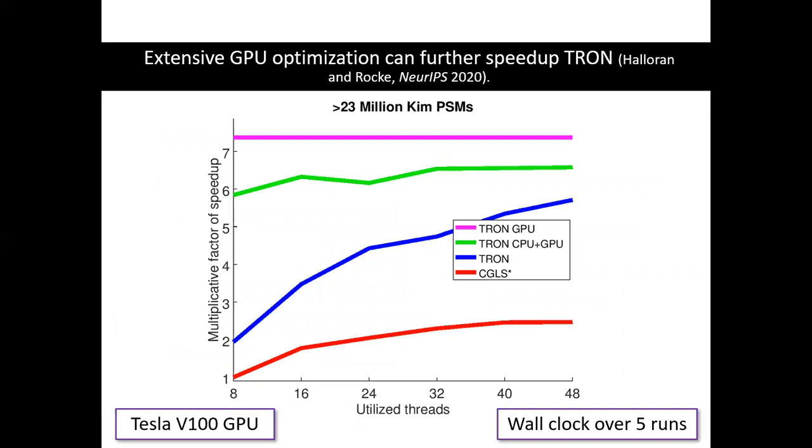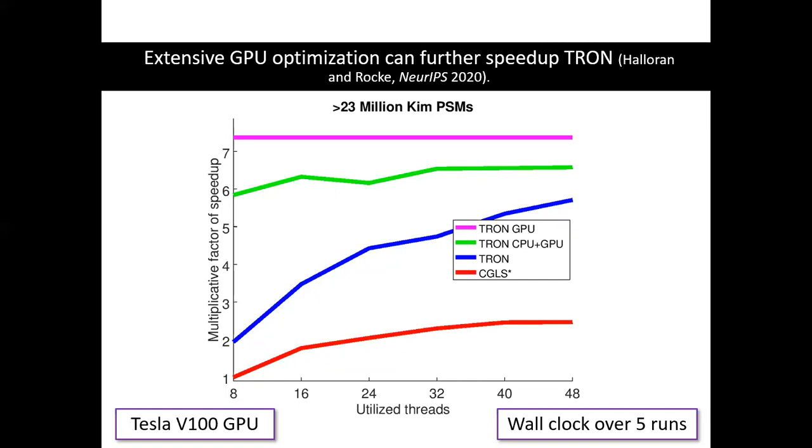Returning to our Kim dataset, which consists of over 23 million PSMs, we have in pink the fully GPU-optimized Tron algorithm. Just using a single thread and a Tesla V100, which is a very strong GPU, still gets over a 7-fold speedup.